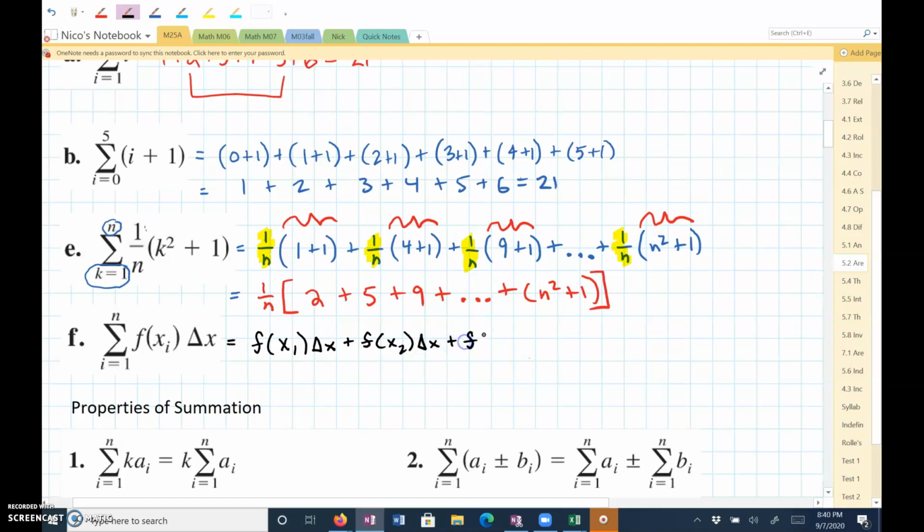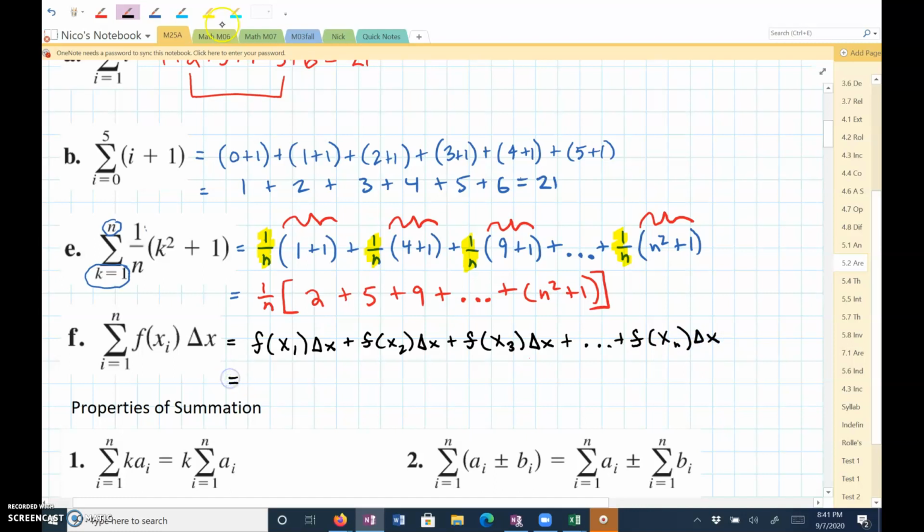When i is 3, we're going to have f of x sub 3 times delta x plus dot dot dot. That's just going to continue on. And then eventually f of x when i is n, the nth term, would be f of x sub n delta x.